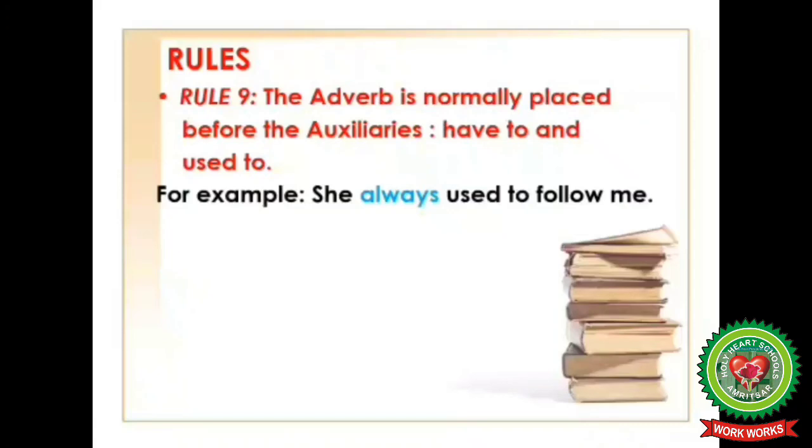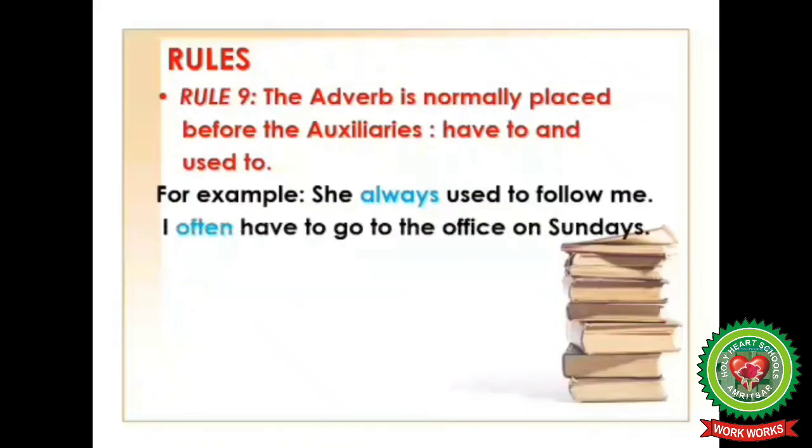For example, she always used to follow me. Here the adverb always is placed before the helping verb used to. I often have to go to office on Sunday. Again, in this sentence, adverb often is placed before have to.